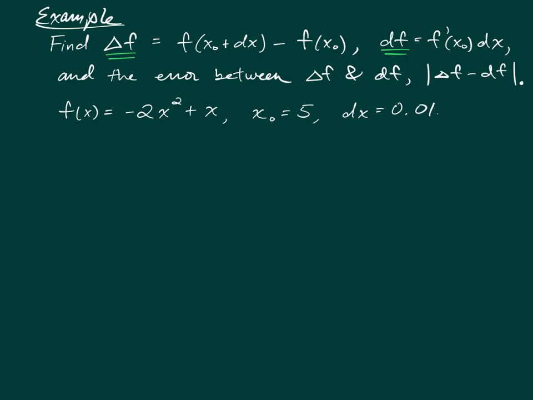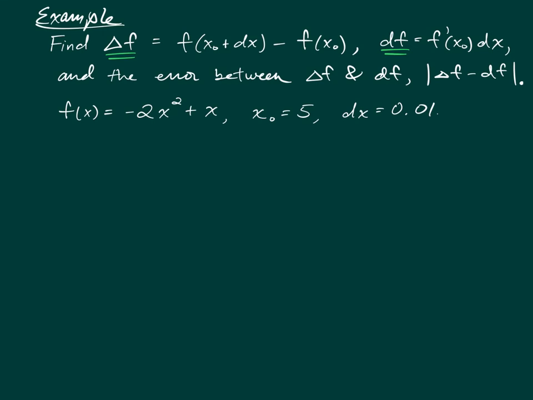And all of this information will be given to you, f of x, x naught, or again, this could be a, the specific x value, and the differential dx. So now we're going to actually put a number to dx, and let's see what happens.